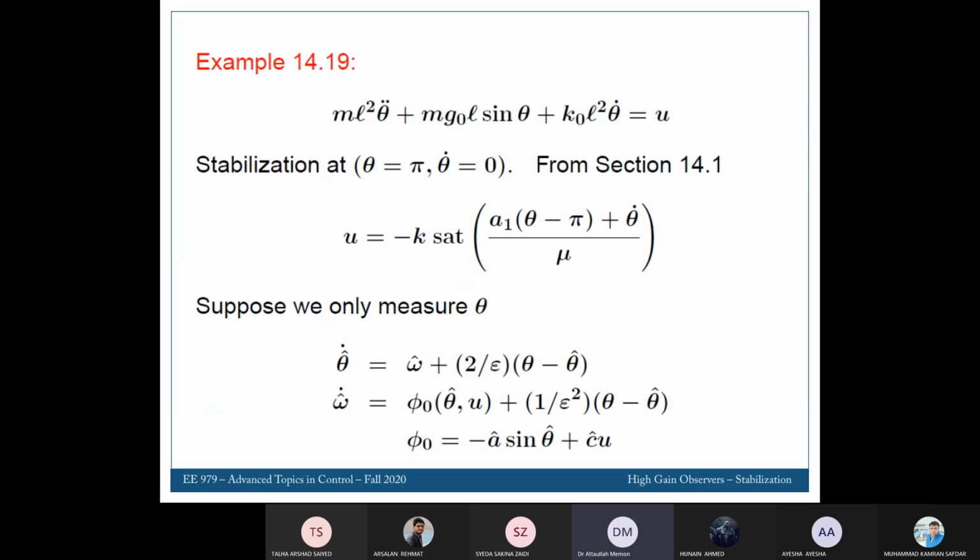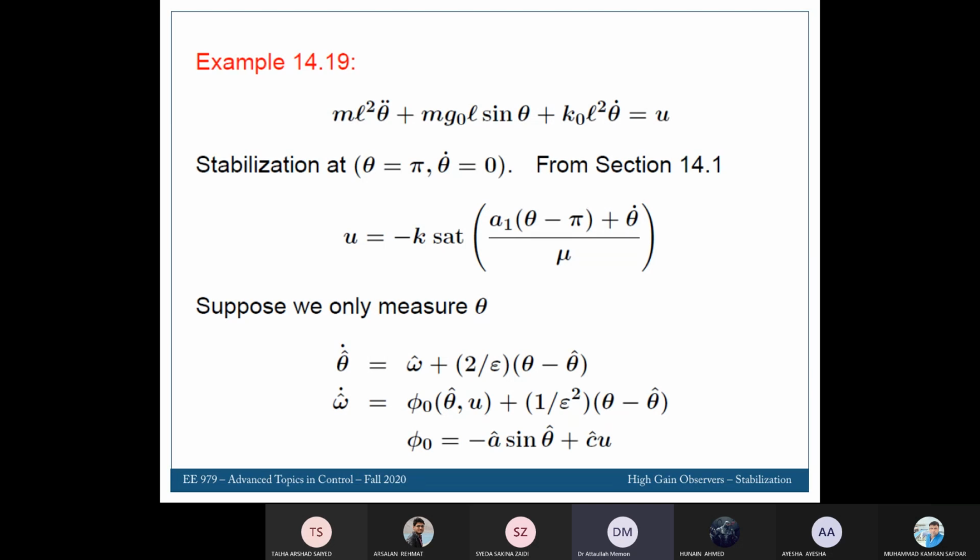You cannot have a better controller than the state feedback controller, no matter what. What an output feedback controller can do is to approach the performance of a state feedback controller.